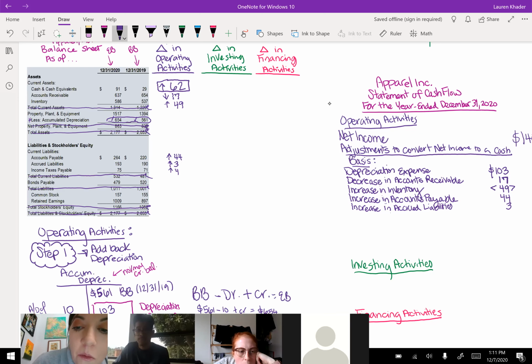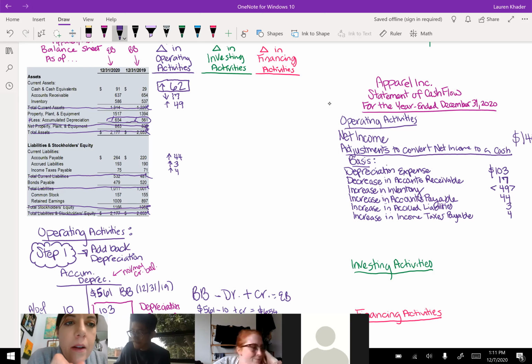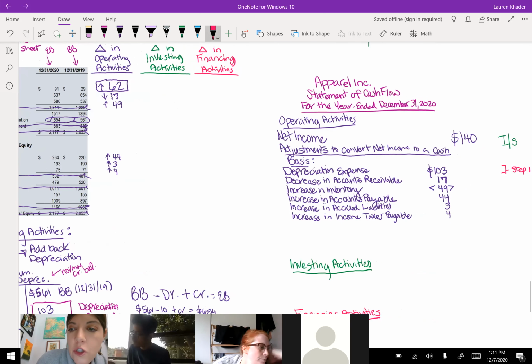And we're going to do the same with the increase in income tax payable. We incurred the expense but didn't pay it. So 4 is going to be added back. And this is step 2.